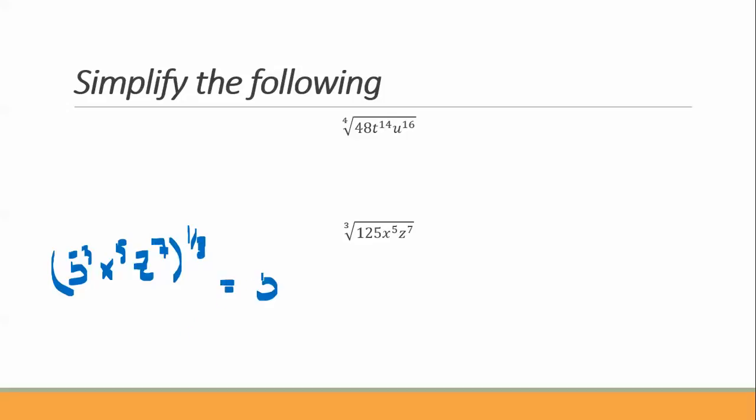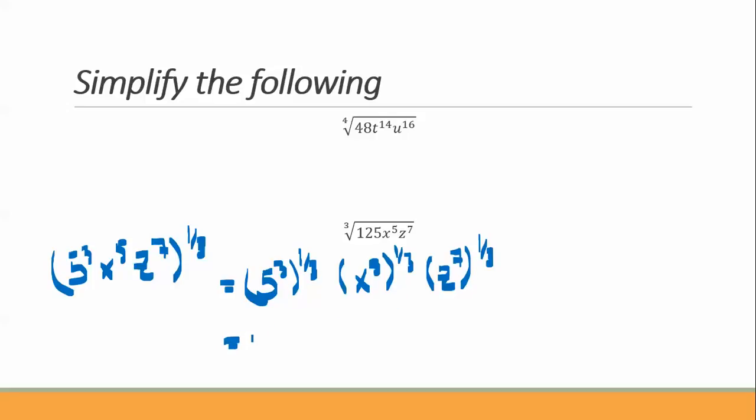So that's 5 to the 3rd power to the 1/3 power, x to the 5th to the 1/3 power, and z to the 7th to the 1/3 power. Exponent to exponent we multiply. 3 times 1/3 is 1, so 5. 5 times 1/3 is 5/3, so x to the 5/3 power. And z to the 7th to the 1/3 is z to the 7/3.